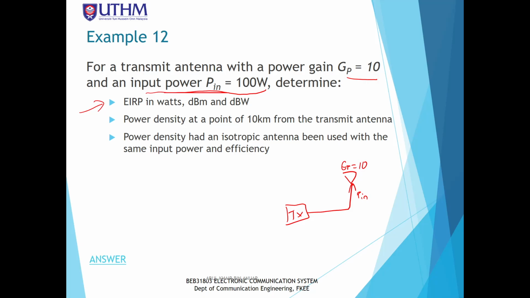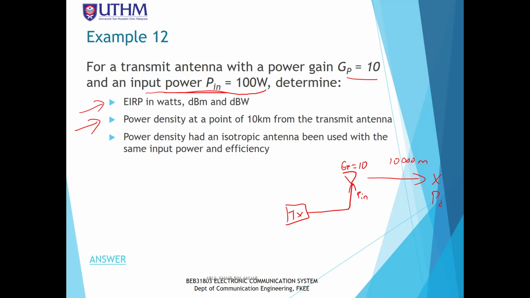The question asks, calculate the power density 10 kilometer away from the transmit antenna. At distance 10,000, how much is the power density?